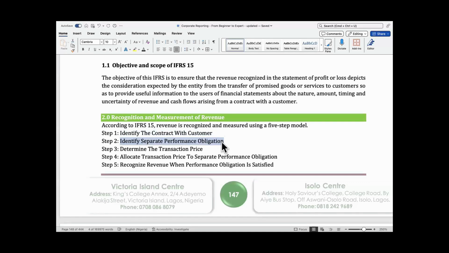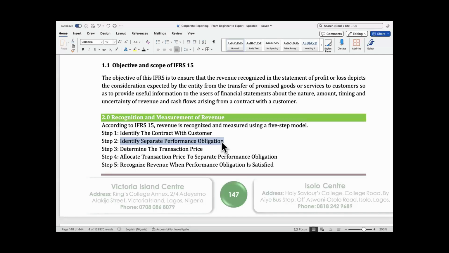When a contract is signed, there are always the rights of the parties. The right of the seller is to deliver goods. The promised goods to be delivered in the contract to that customer is what we call a performance obligation.